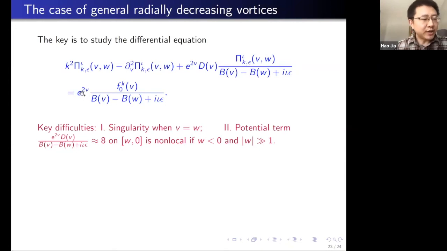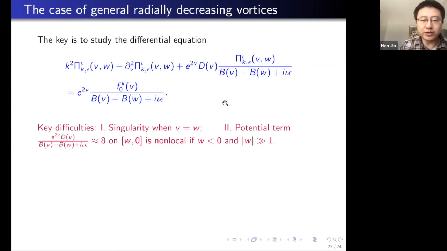So maybe I should take just one minute to briefly explain the idea here. As I mentioned earlier, the main thing is to analyze this equation. The main difficulty is that this equation has a singularity: when V is equal to W, this is singular.